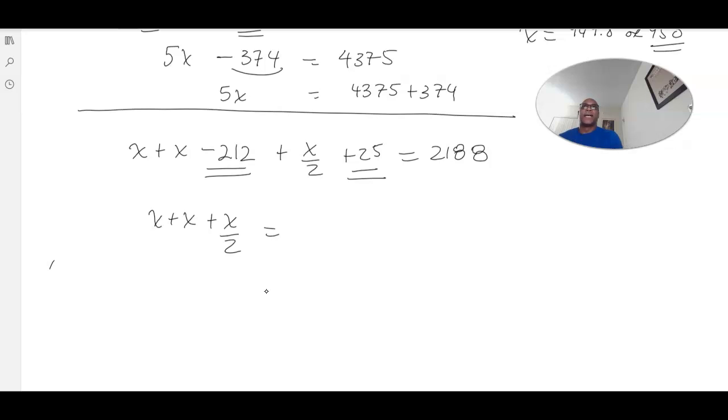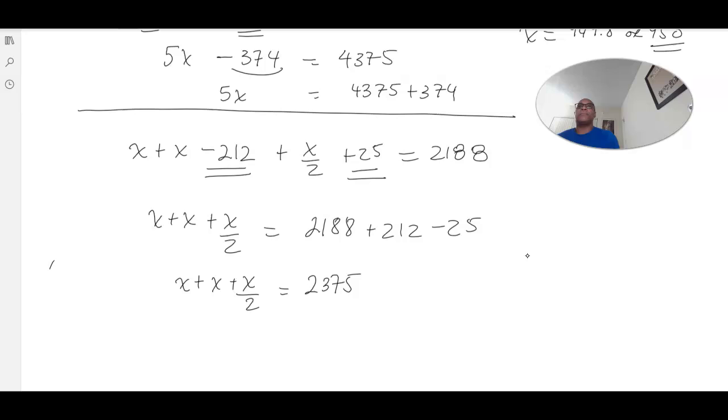And you should get 2188 plus 212 minus 25. When you simplify that, that gives you 2,375, right? So x plus x over 2 equal to 2375. Okay, so that's what you should have gotten to this point.